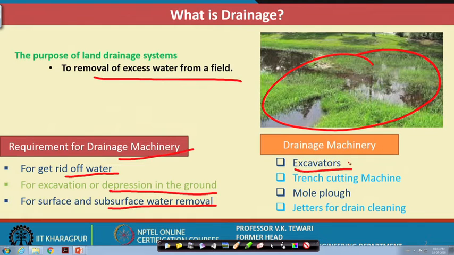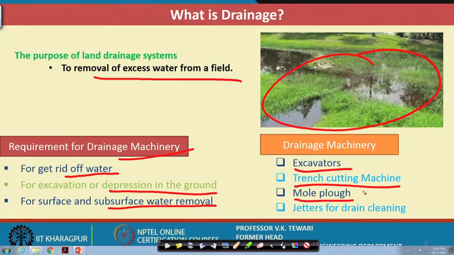Excavators are also machines which are required for drainage. Trench cutting machines: we would like to have longer trenches, so that water, depending upon the slope of the total area, gets into the trenches and can then be transported anywhere and goes into the groundwater and so on.